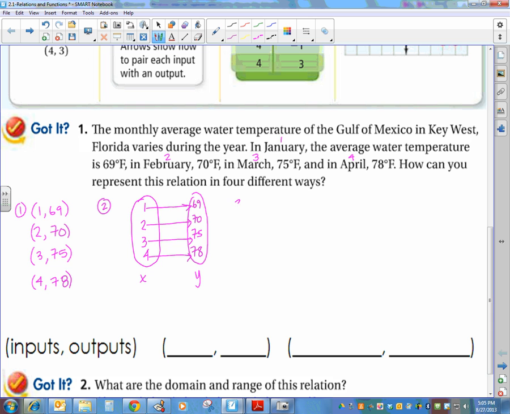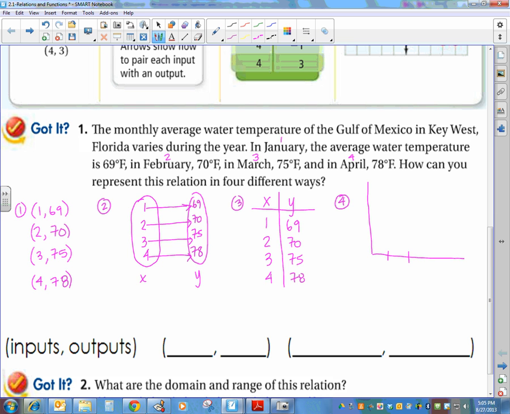Our third way would be with a table of values, x and y. And again, we have x is 1, 2, 3, 4, and y is 69, 70, 75, and 78. And then last but not least, we have a graph. Those are all positive numbers, so on my coordinate plane, I'm going to be in the first quadrant.